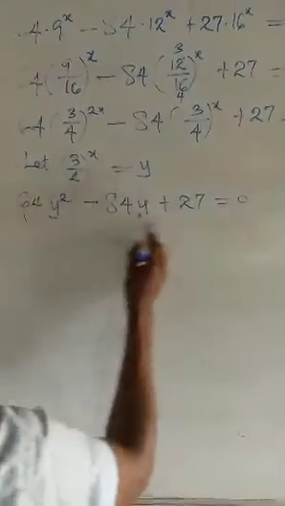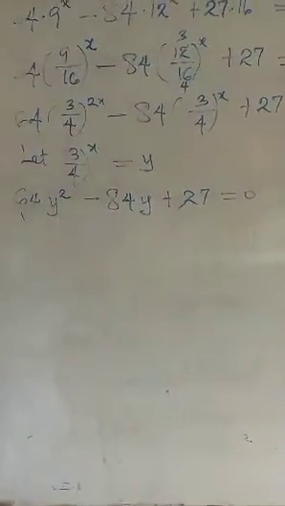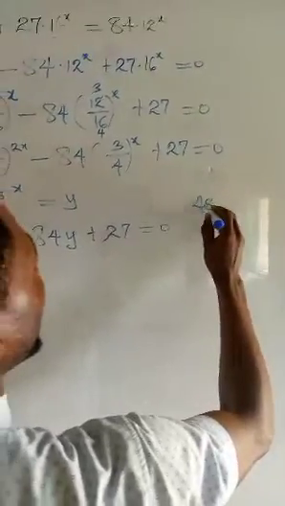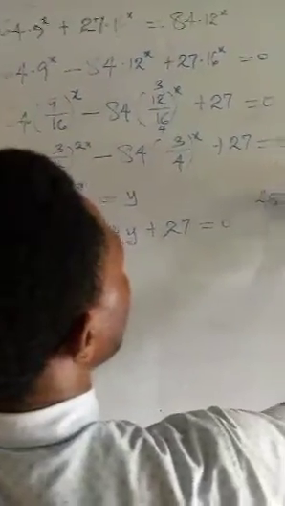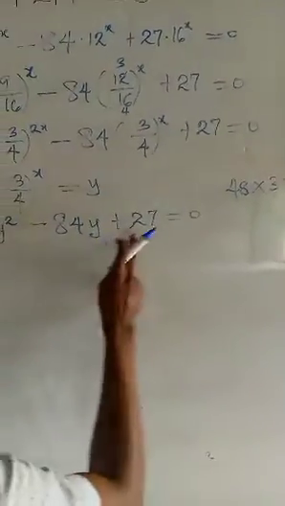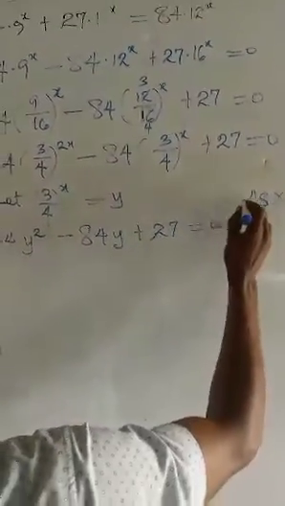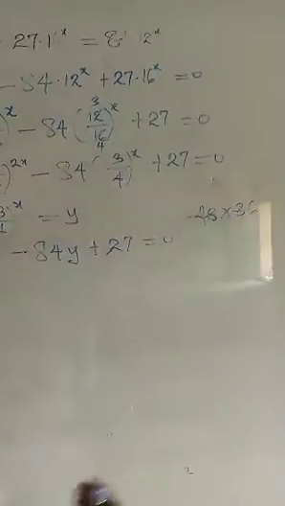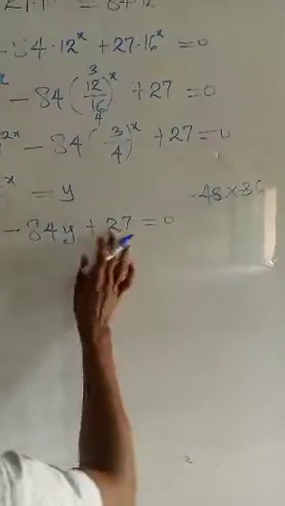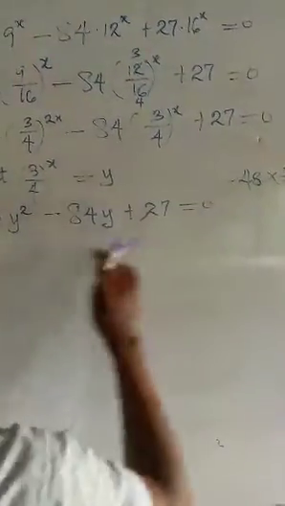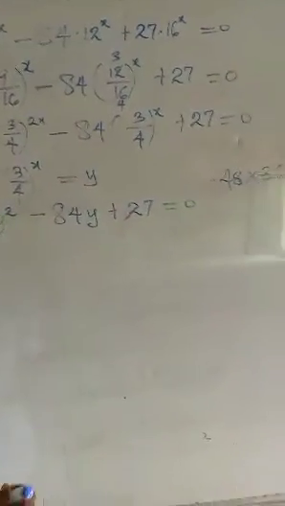Now, if you multiply this one by this, it will give us 48 multiplied by 36. 48 times 36 will give us 64 times 27. So then let's add it together. Minus this, minus this. The minus times minus will give us the product which is plus, and if you add this one together, it will give us minus 84.